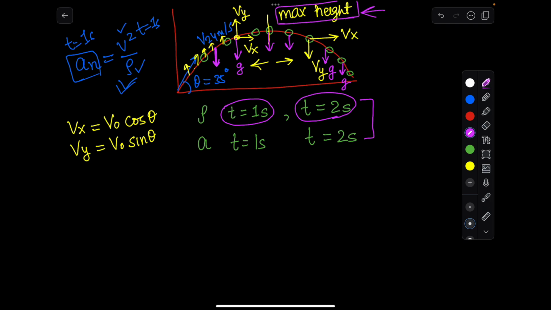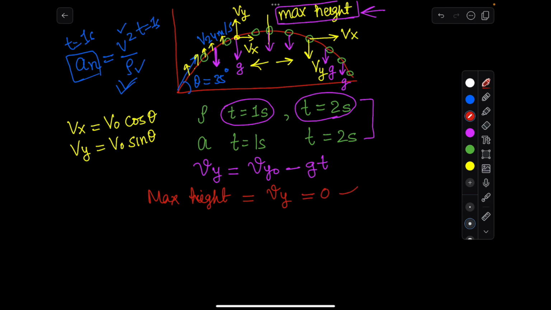You know that we can use the formula Vy equals Vy naught minus gt, and also you know the concept that at maximum height the Vy component is equal to 0.